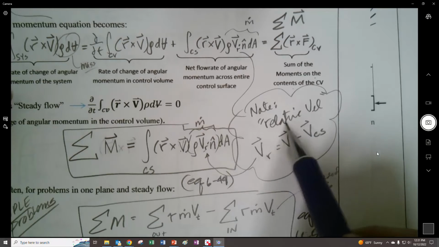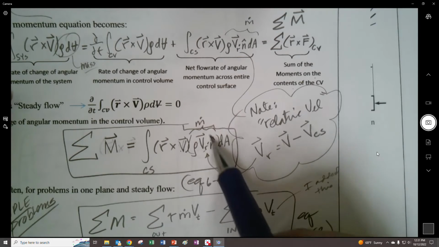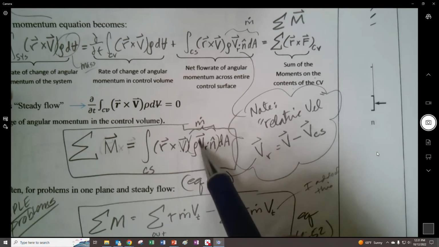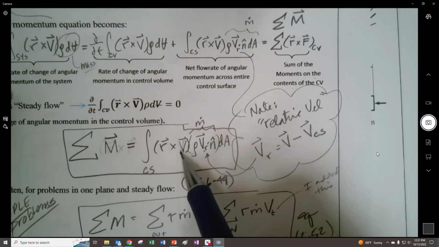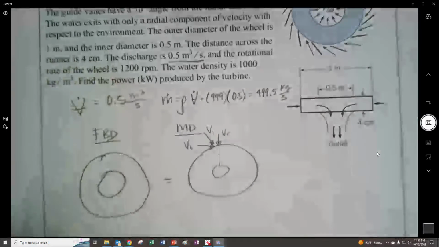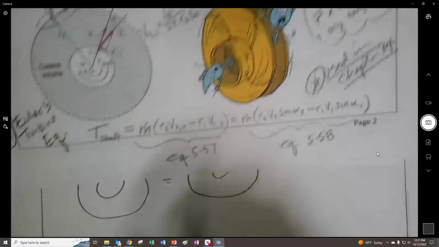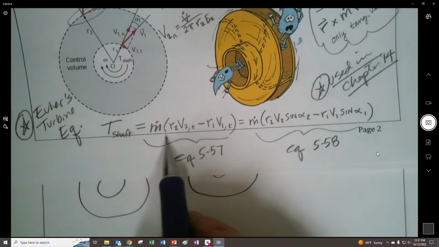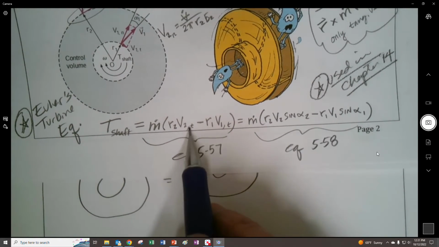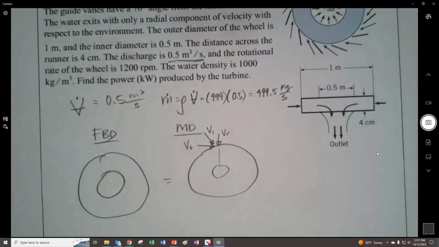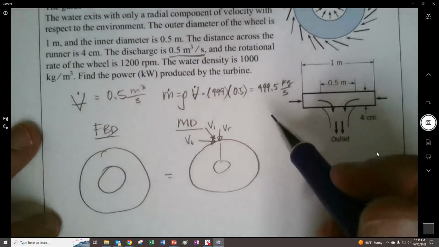So we have to be kind of careful. This is the mass flow velocity, but this is the tangential velocity, the one that we would use with Euler's turbine equation right here. We use the tangential velocity for that. So keeping in mind whence this came from.